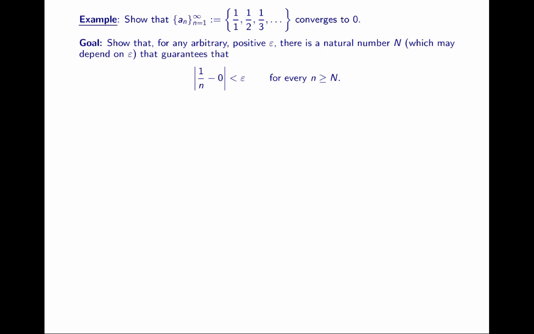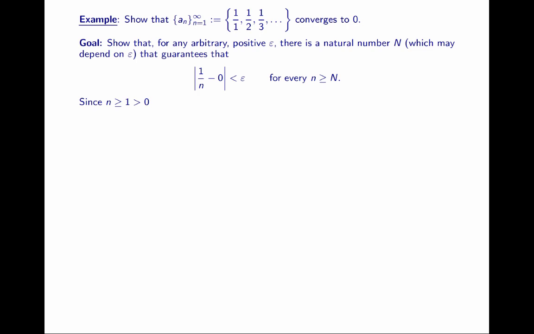It almost certainly will depend on epsilon in most cases. But for any arbitrary epsilon, there exists a natural number, that is a positive integer, big N, that would guarantee that |1/n − 0| is less than epsilon for all n greater than or equal to that big N.